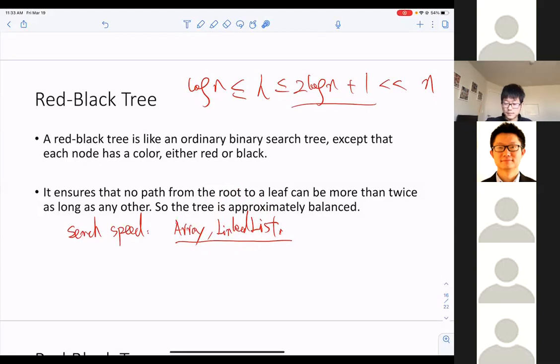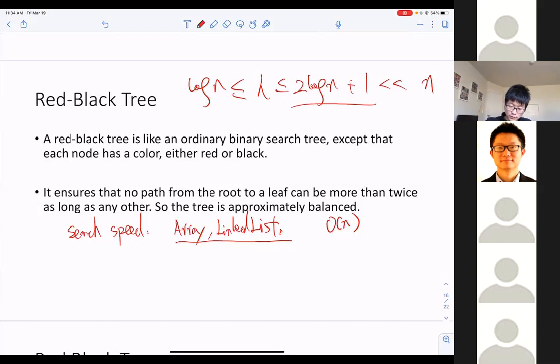What is the search complexity of these two data structures? Is an array O(n)? Yes, both of them have O(n) complexity. So in the worst case, we have to go through every value or every node in the linked list to find a target.